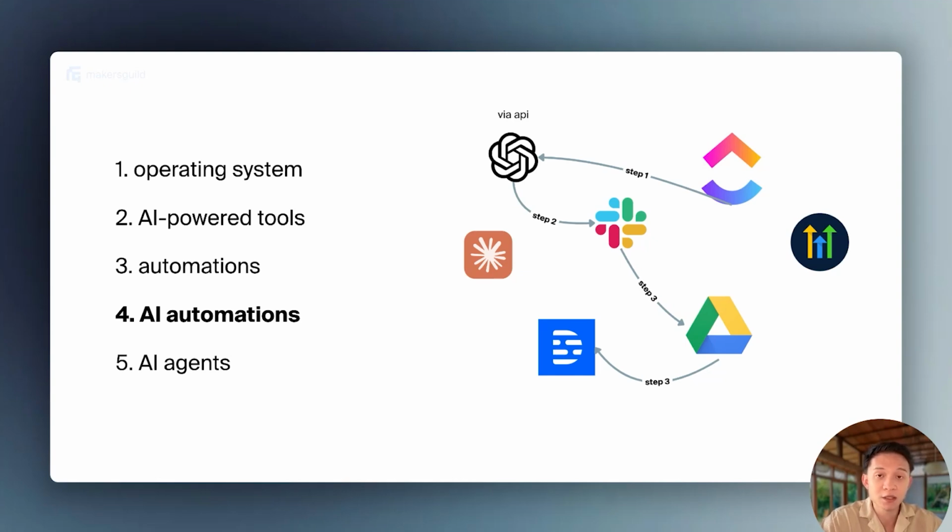So the only difference between an automation and an AI-enabled automation is that now we are having the AI come in. The power of an AI is its ability to think in that sense, and also its ability to manipulate data in the output and the form that you want from your different tools.